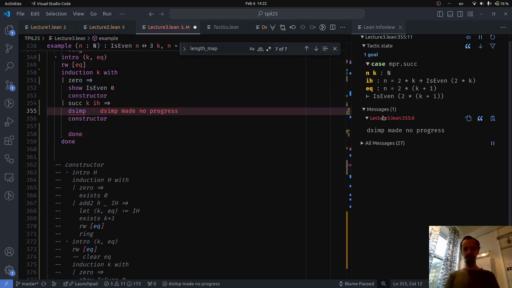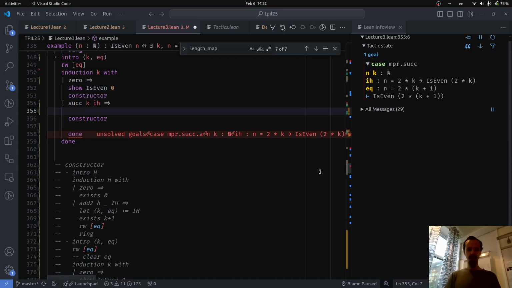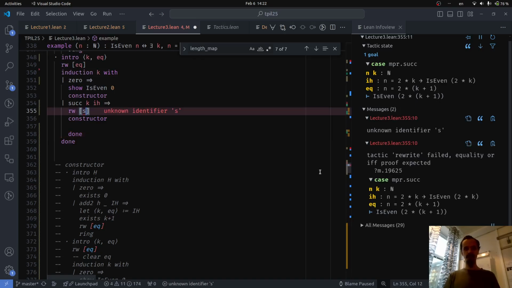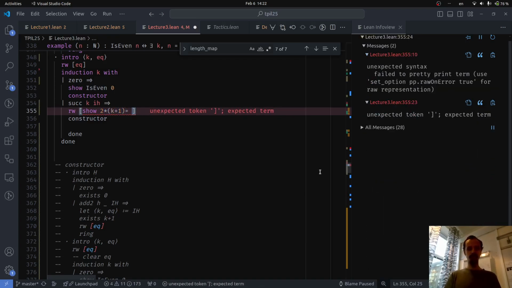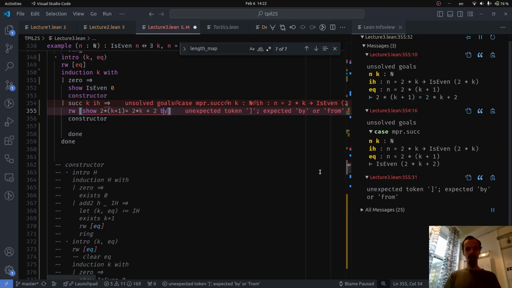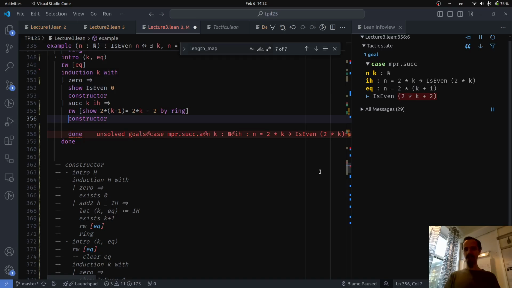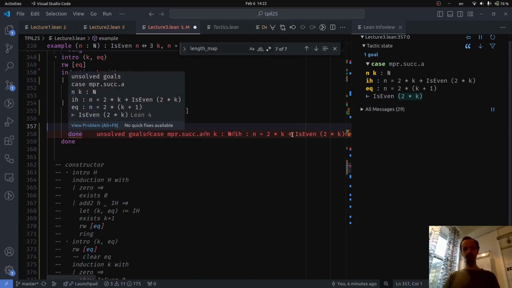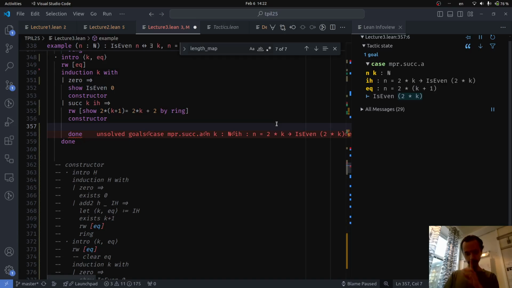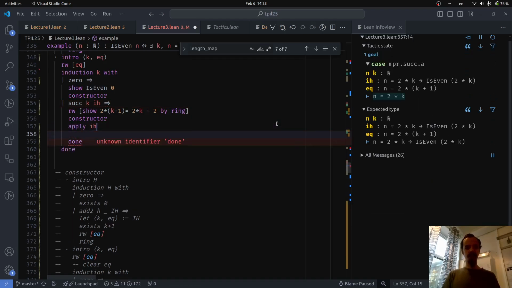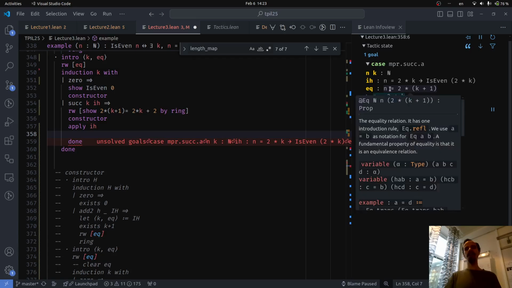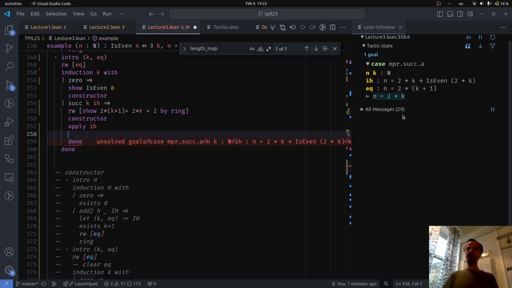Maybe I should simplify first. Simp. No. I want to rewrite with a proof that 2 times k plus 1 equals 2 times k plus 2 by ring. So now we have 2 times k plus 2, and now when I apply a constructor, it just gives me 2 times k instead of something weird. We're sort of going to get stuck here, right? I apply IH, and now I want to prove that n is 2 times k. I know that n is 2 times k plus 1, and this is not a provable goal.